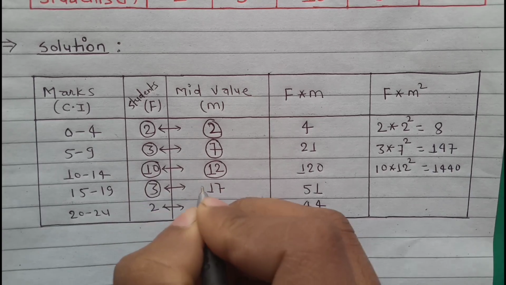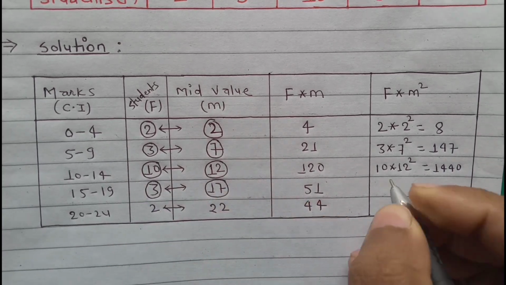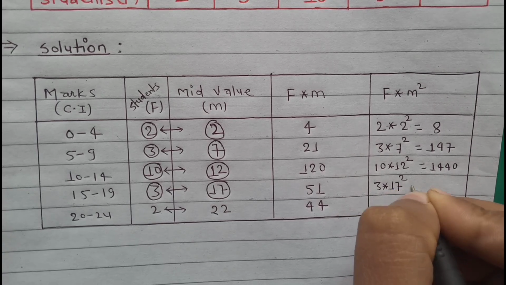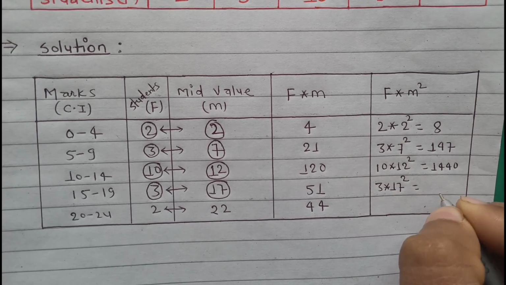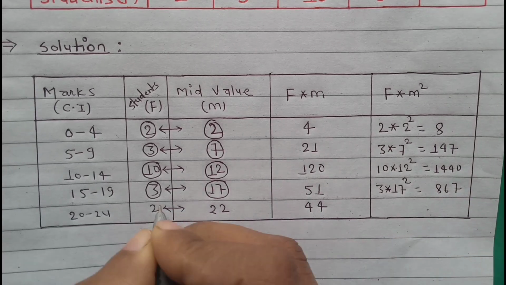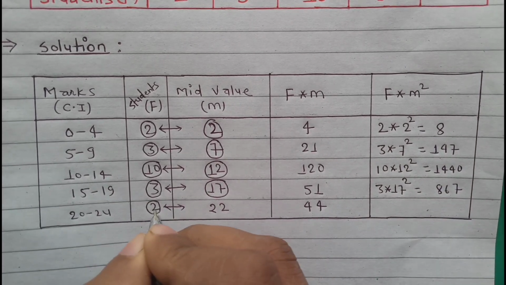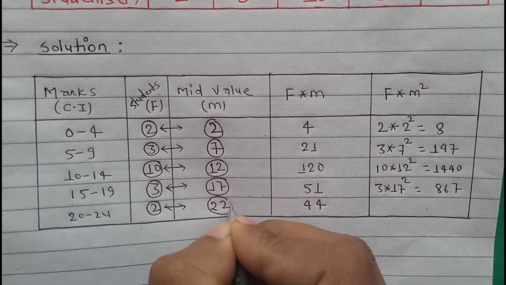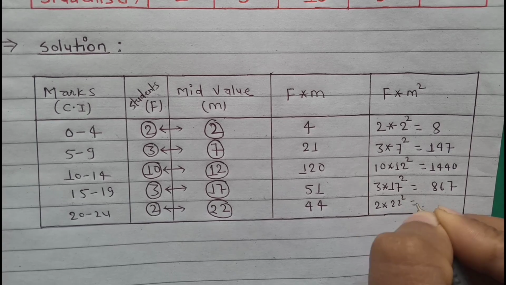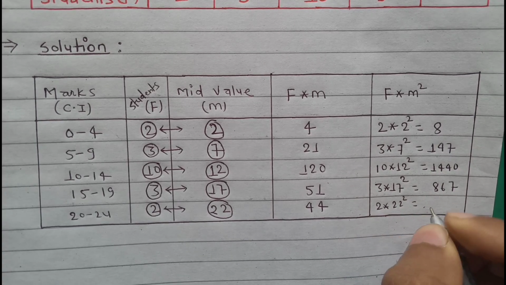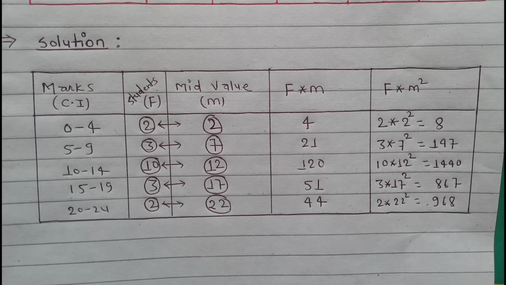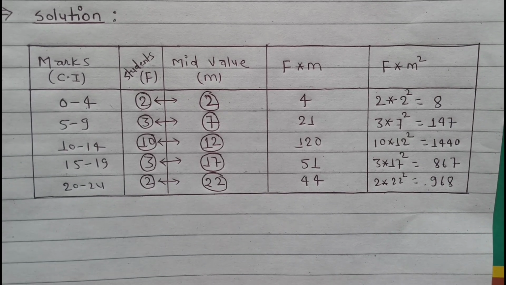Similarly, 3 into 17 square, we get 867. Now at the end, 2 into m square, that is 2 into 22 square, we get 968. So the table is finished.